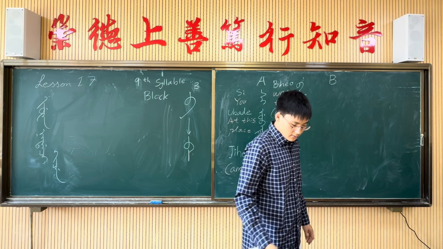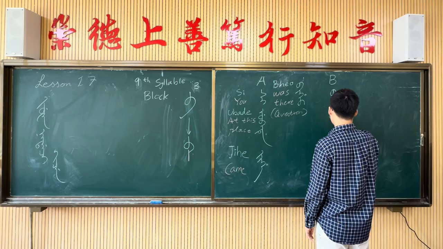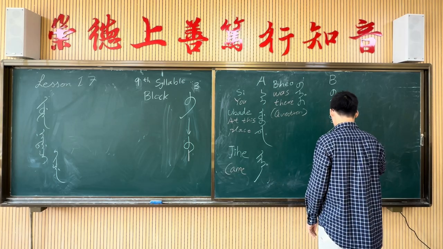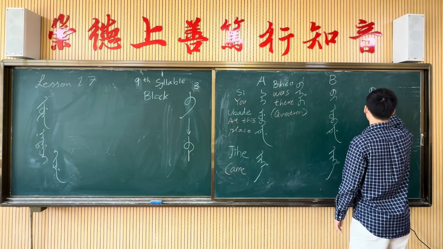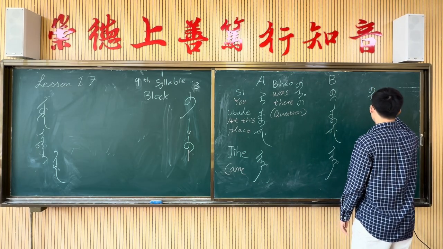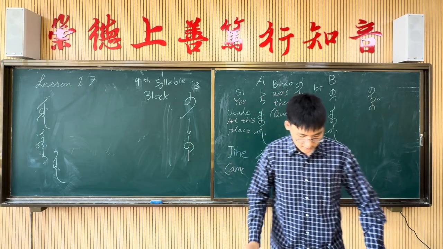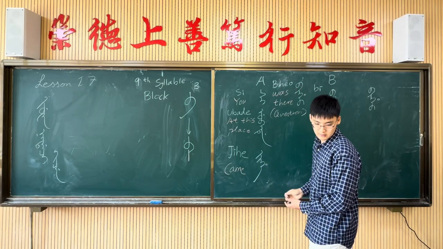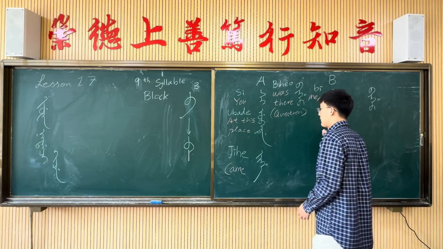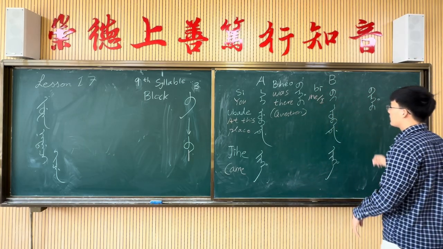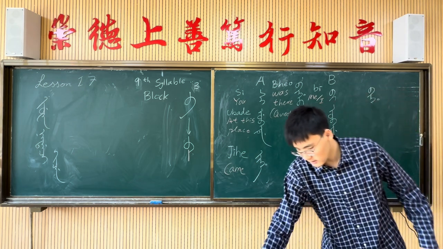Okay. Now, person B will say, 58的几何比后. B means me or I, as I've said countless times already in the previous practices. Ubada means at this place. 几何 means came. 比何, oops, I accidentally wrote 比后 instead of 比何.